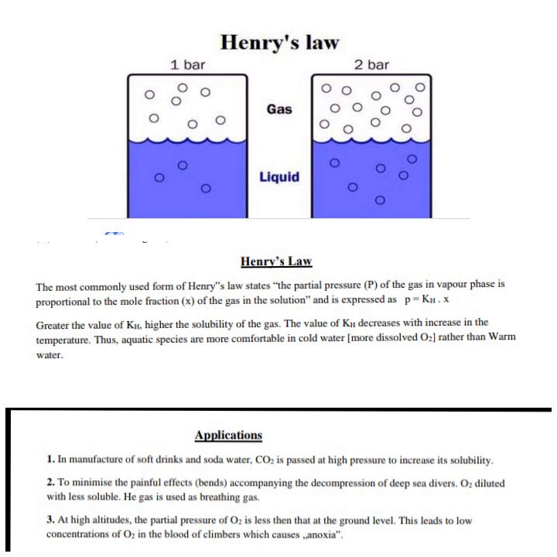If we denote the partial pressure of the vapor phase of this gas by P and the mole fraction of the gas by X, then students, mathematically we can say that P is directly proportional to X, as you are looking in the above slide, or this equation which we can write as P = KH × X. If we remove the proportional sign, then we will use a constant term.